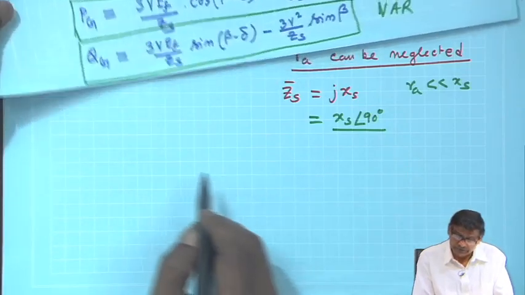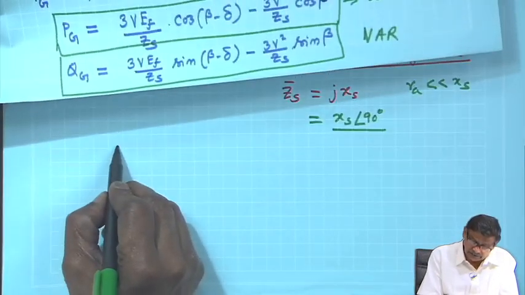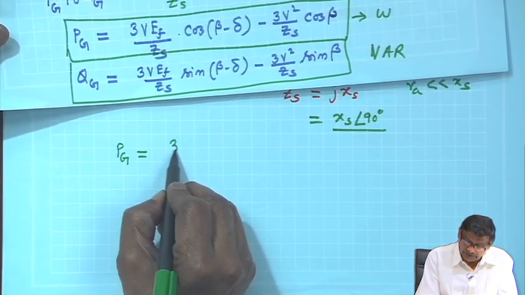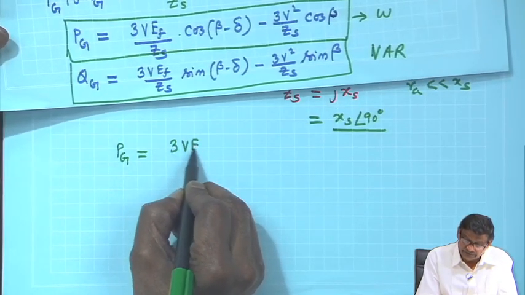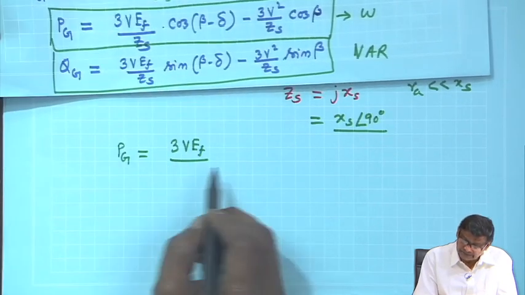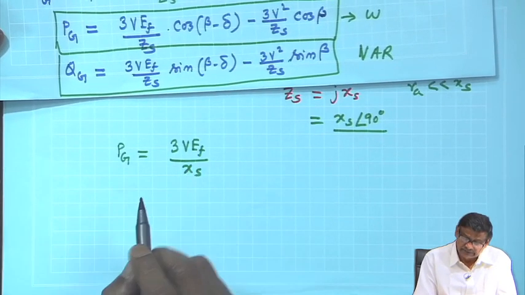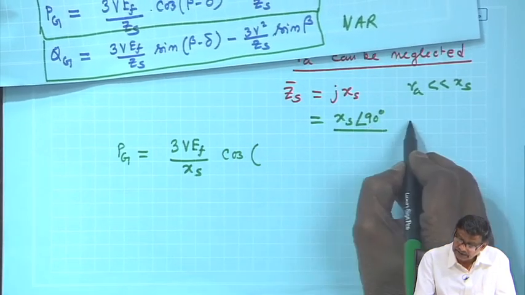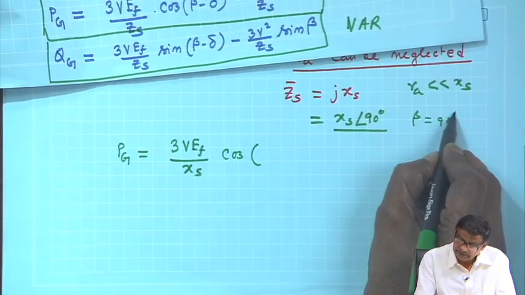So, I will put then for PG, real power output will be equal to 3 V EF, ZS is XS, I will put like this, into cosine of beta is then 90 degree here.